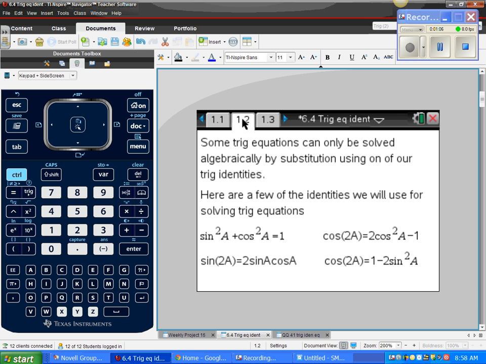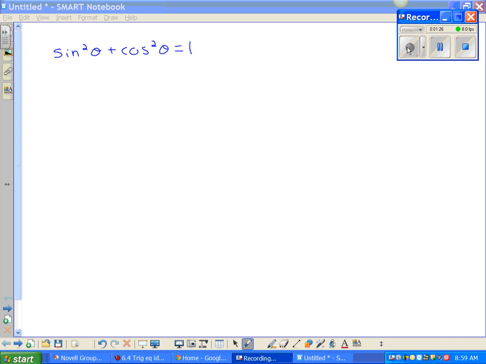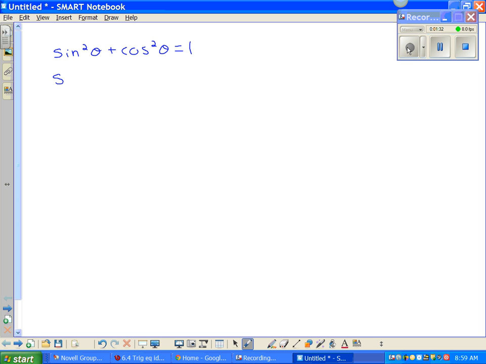What I'd like you to do right now is, in your notebooks, write that Pythagorean identity in all 3 of its forms that we've talked about. They all mean the same thing, they just look different. Go ahead and write those 3 down. Somebody give me the first one. Good.